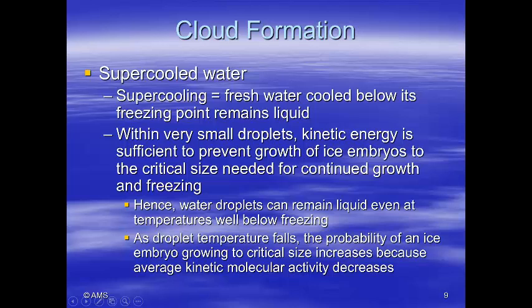As the droplet temperature falls, the probability of an ice embryo growing to critical size increases because the average kinetic molecular activity decreases. So don't forget, we said temperature was a measure of the average kinetic energy of a molecule.